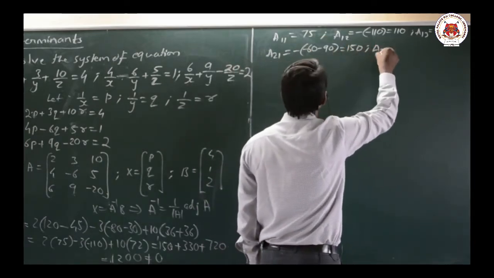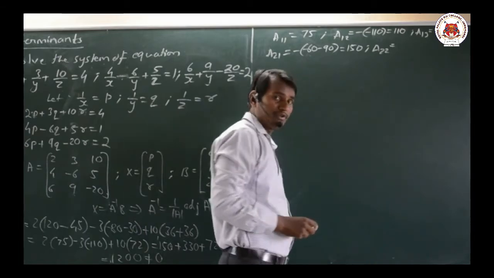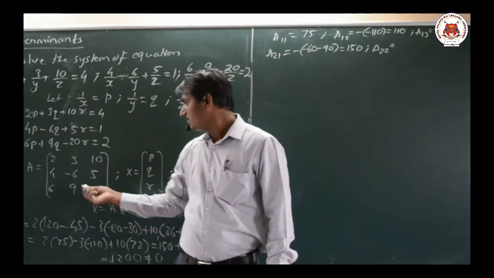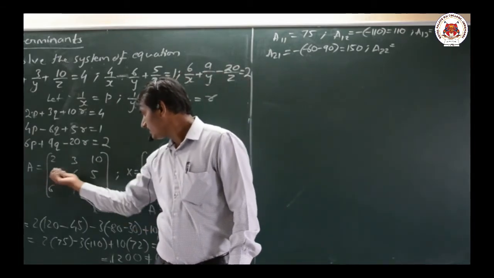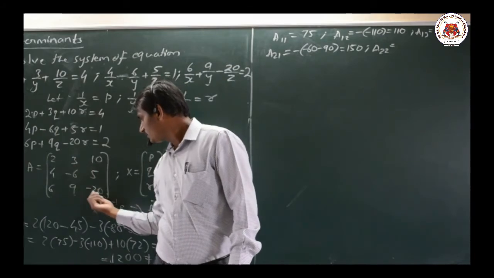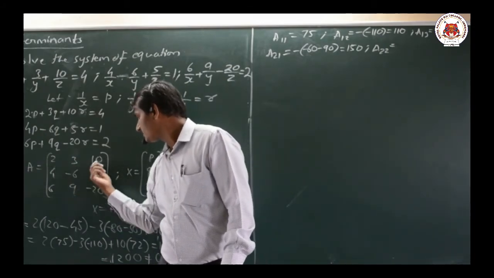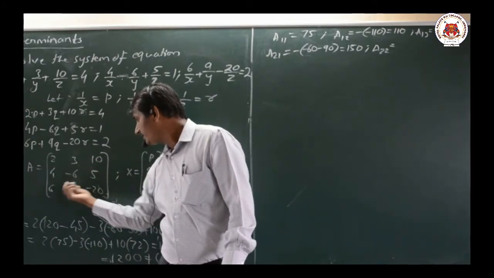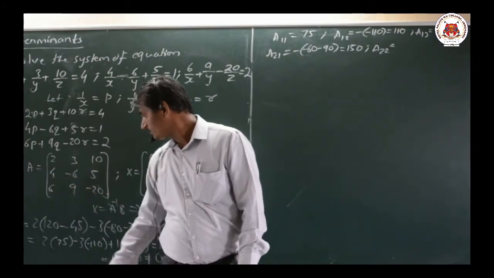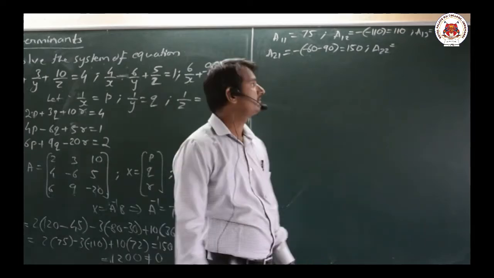Next A22, its sign is positive, the cofactor of 6: minus 40 minus 60, that is minus 100.